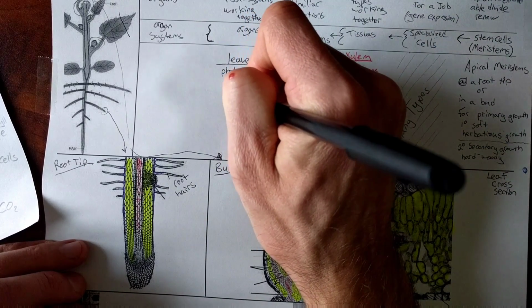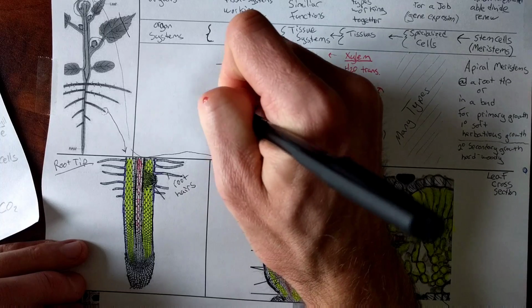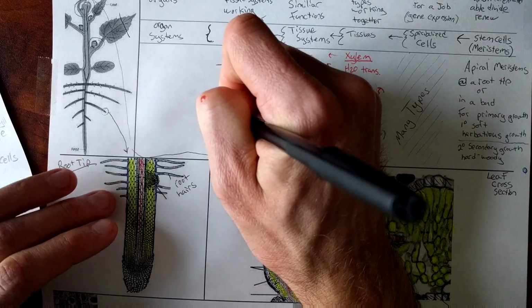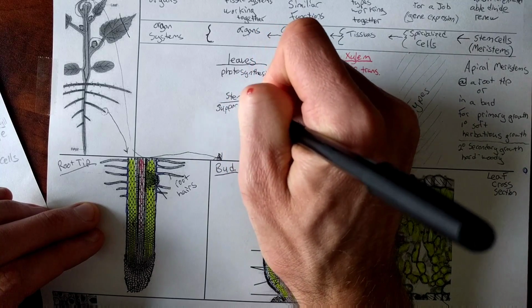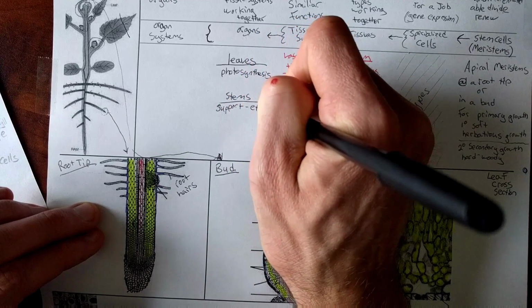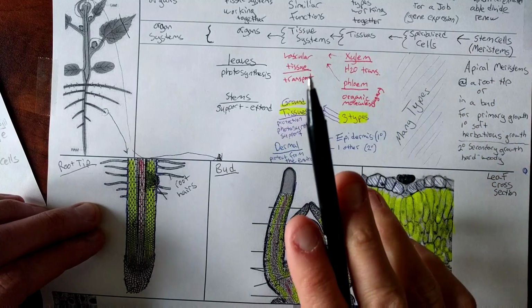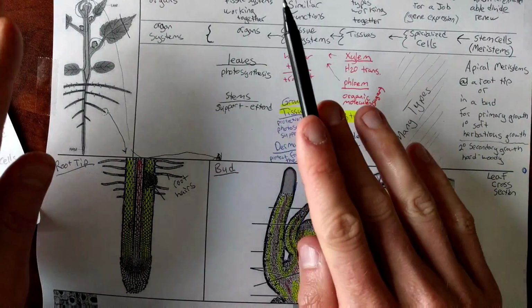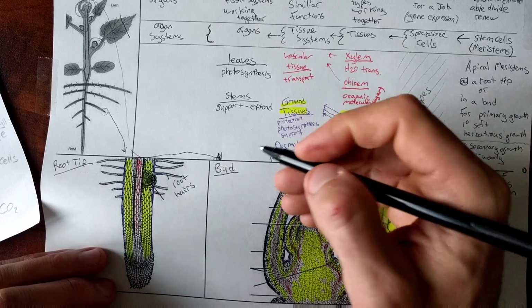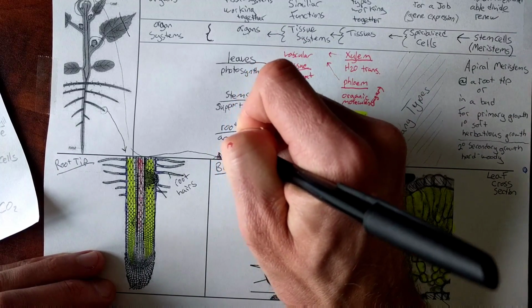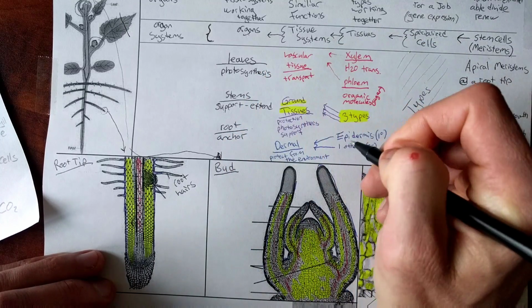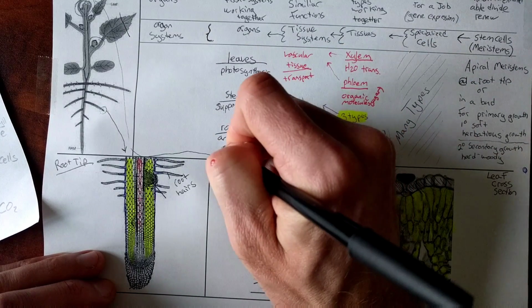And stems, mainly support, extend, either extend up towards the light or out and away so it can crawl up something, and roots, anchor, and absorb.